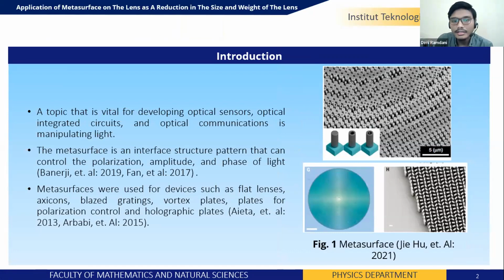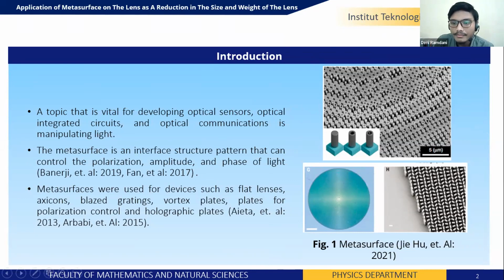Manipulating light is a vital topic for developing optical sensors, optical integrated circuits, and optical communication. One of that, the metasurface can control the light. What is the metasurface? The metasurface is an interface structure pattern that can control the polarization, amplitude, and path of light.